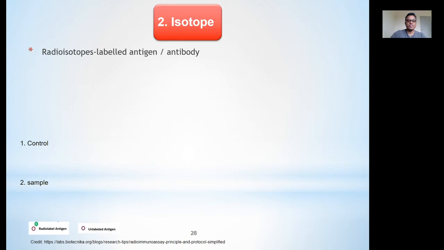So if we reverse it, we put the label on the antigen. In the example I am showing here, the signal, radio emission, will be detected using a radioimmunoassay instrument.